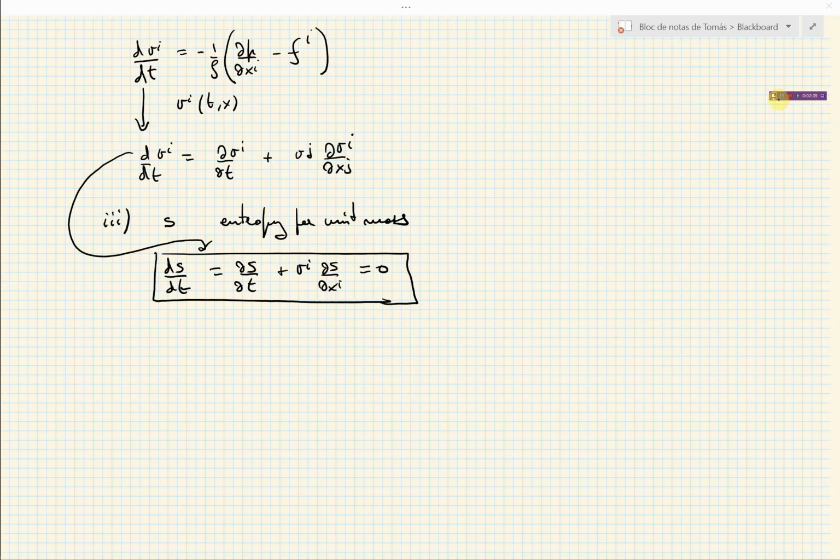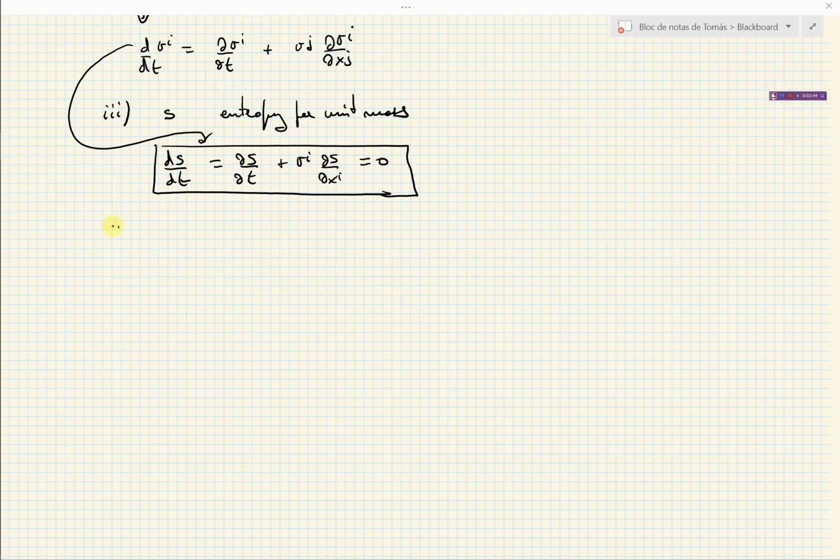So finally, the fourth equation that governs a perfect fluid is an equation of state for the fluid.